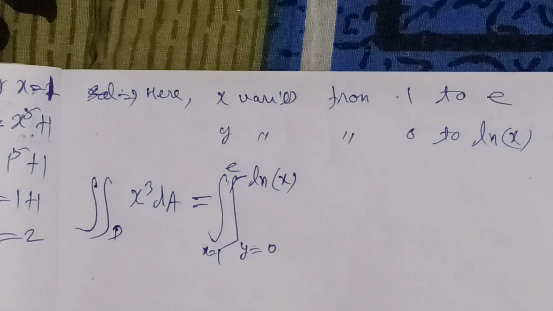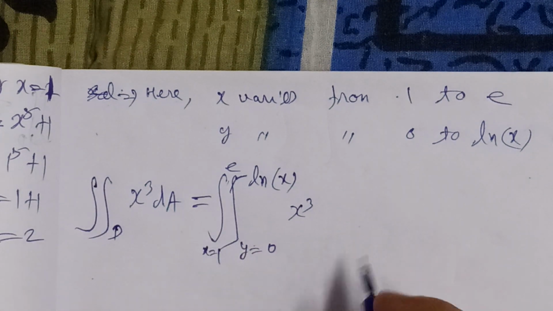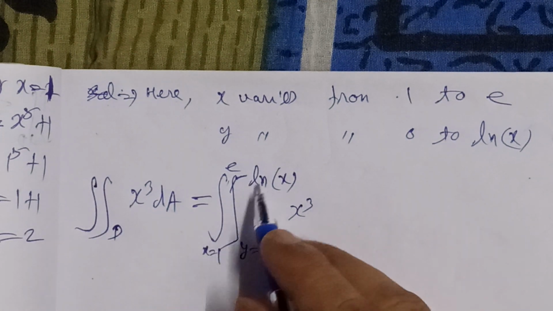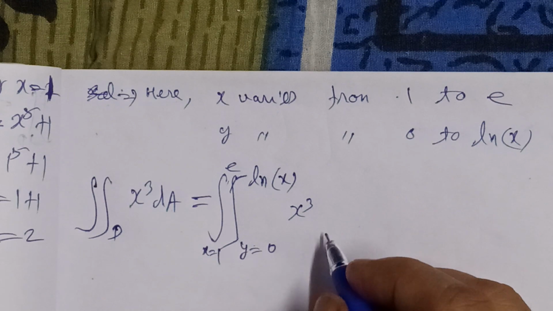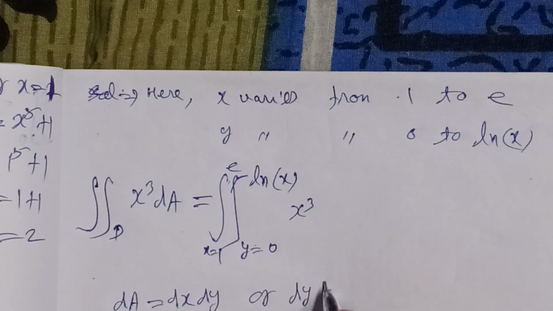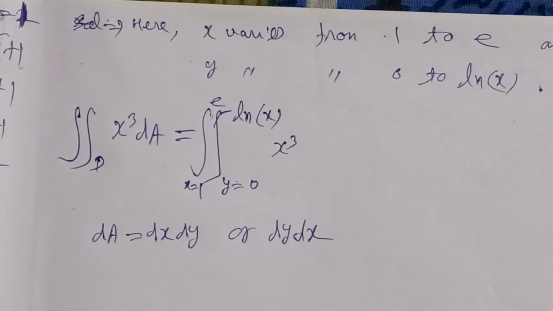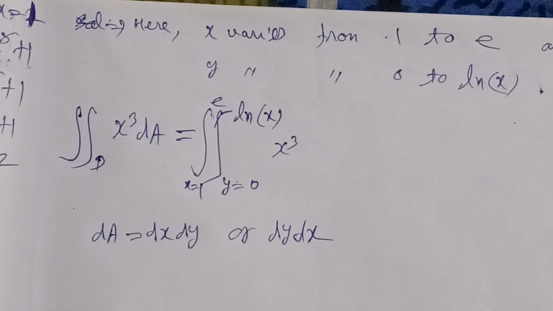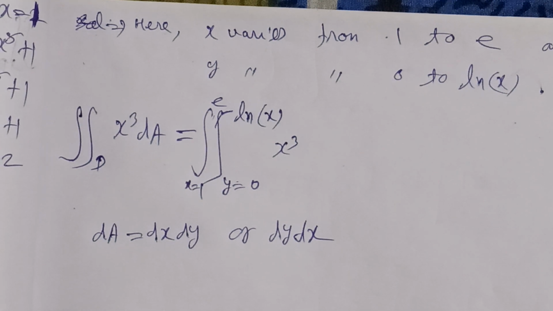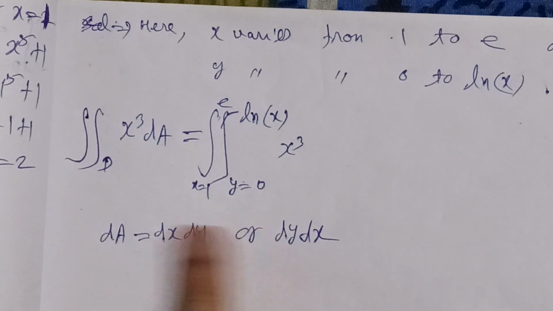The function given is x cubed, and dA is written as dx dy or dy dx according to your preference, because there are many books and writers which use these different forms.